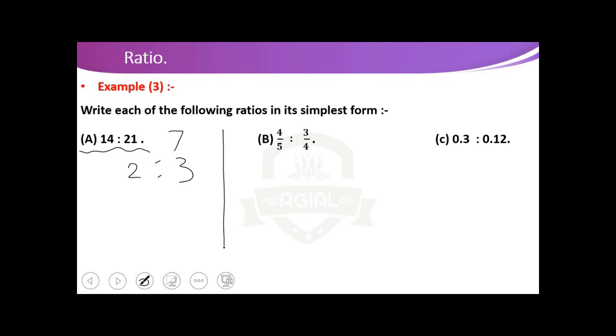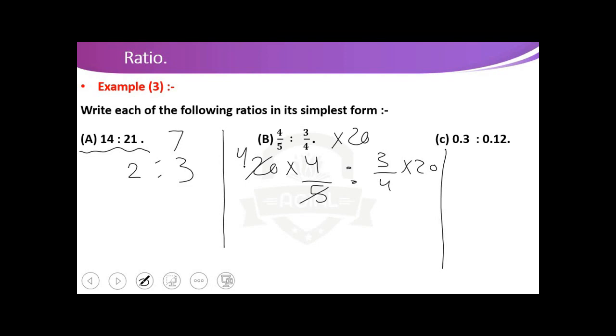The second one, 4 over 5 to 3 over 4. Both terms should be whole numbers, so we can multiply both terms by 20. 20 times 4 over 5: 20 over 5 equals 4, 4 times 4 equals 16. 3 over 4 times 20: 20 over 4 equals 5, 5 times 3 equals 15.